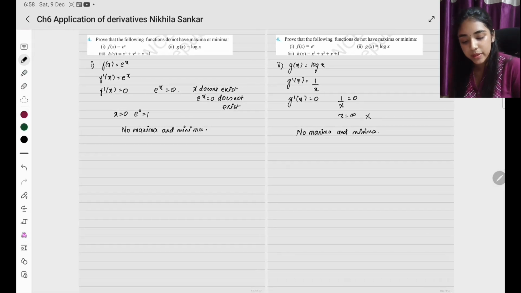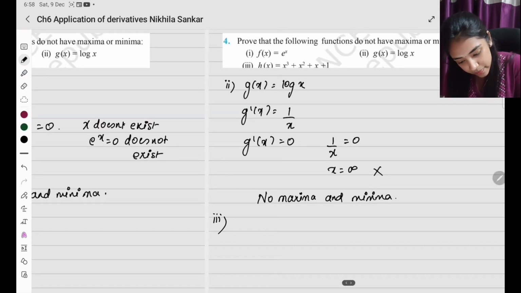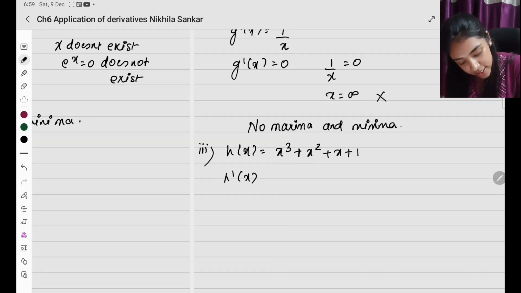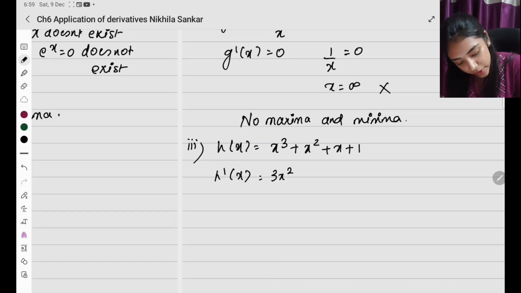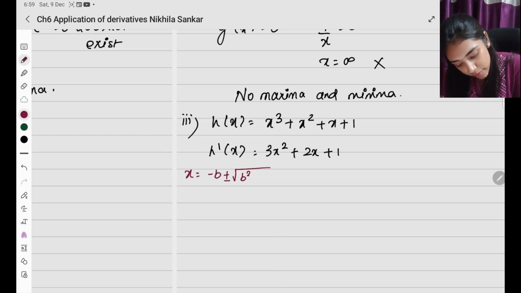Okay? Please copy. So the third subsection is going to be h of x equals x cube plus x square plus x plus 1. So when I find h dash of x, it is going to be 3x square plus 2x plus 1. So when I find the solutions, we have studied the quadratic formula, remember? x equals minus b plus or minus root of b square minus 4ac divided by 2a.